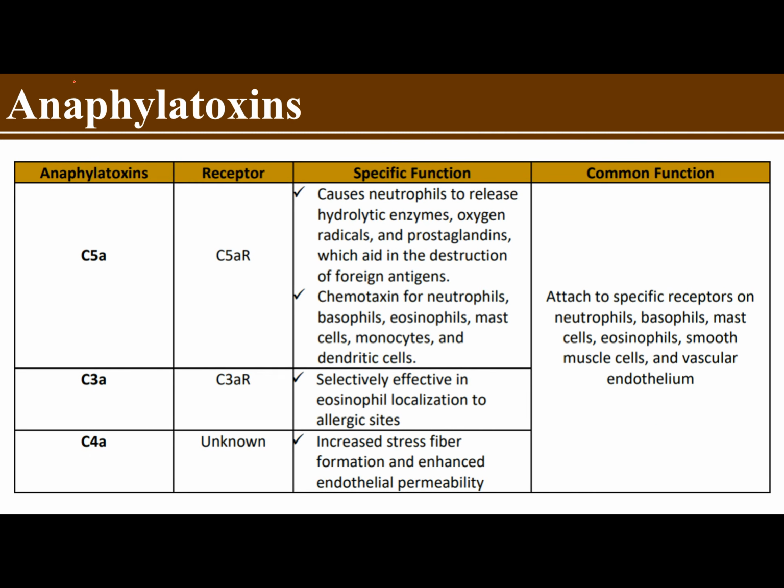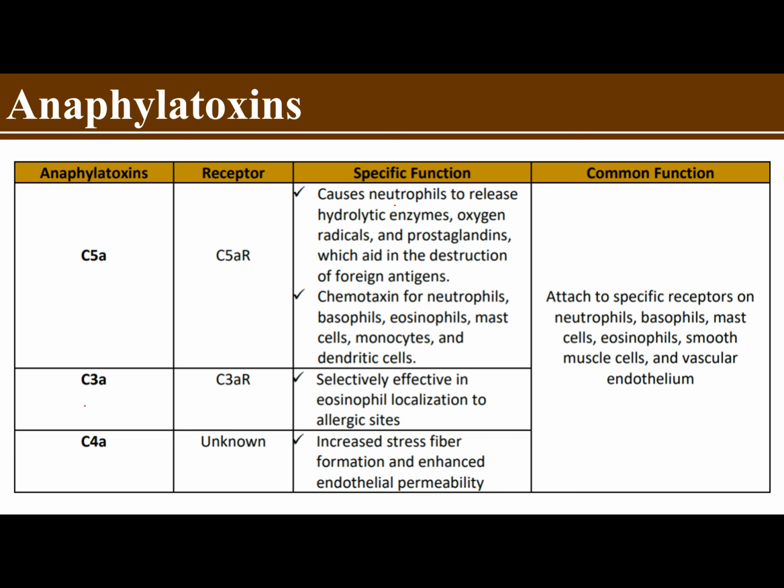Now they have different functions. C5a has a receptor, C5aR. This is capable of causing neutrophils to release hydrolytic enzymes, oxygen radicals, and prostaglandins, which aid in the destruction of foreign antigens. It is also a chemotaxin for neutrophils, basophils, eosinophils, mast cells, monocytes, and dendritic cells.